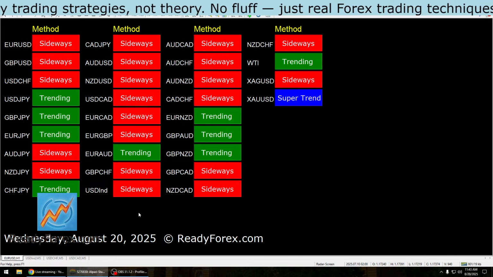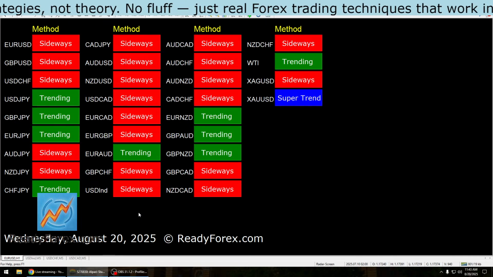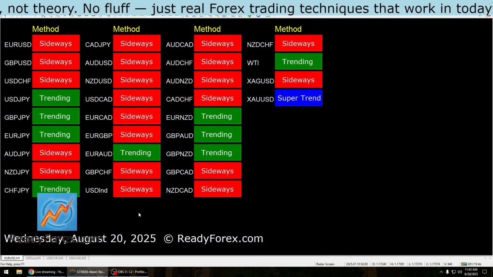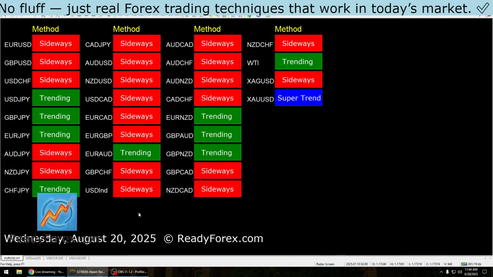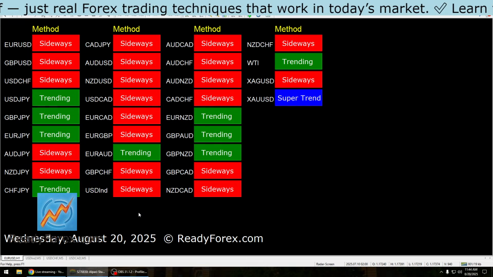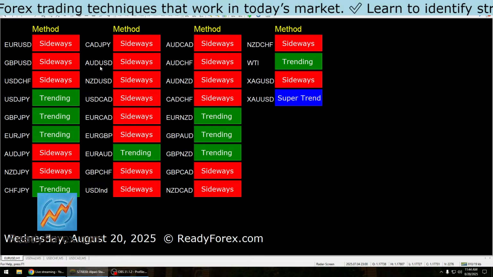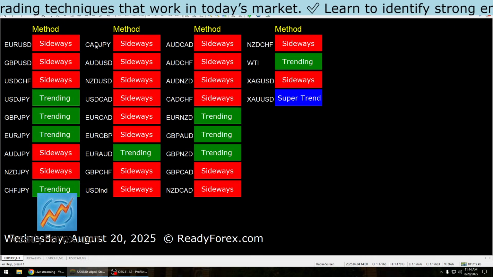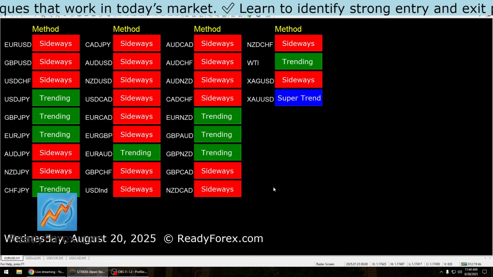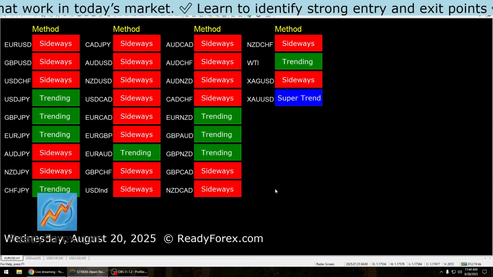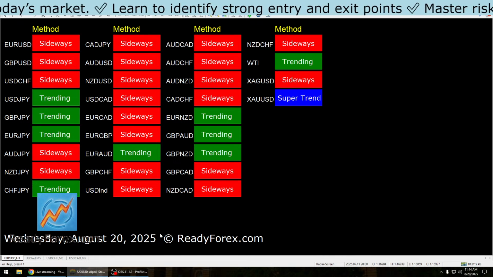Euro dollar, I'm not saying that the price action is sideways, all I'm saying is that you should use a sideways trading method to trade the currency pairs. So euro dollar, pound dollar, US dollar Swiss franc, AUDUSD, NZDUSD, CAD, JPY, these pairs are currently suggesting, based on my custom indicator, that I should use a sideways trading strategy.